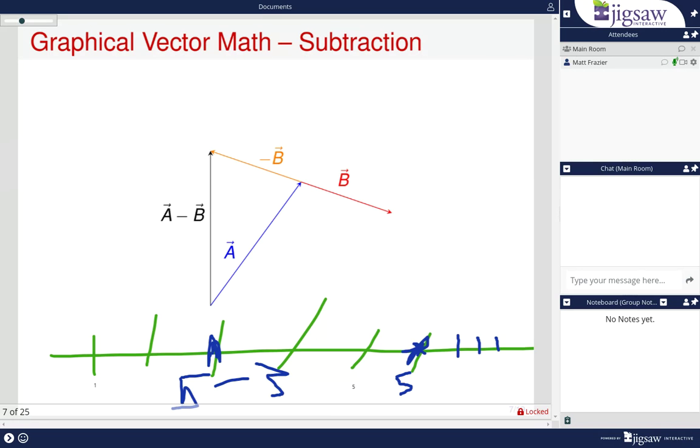So when we subtract vectors, we take the inverse of the thing we're subtracting off, and then we add one vector to the inverse of the other. So that's how we add and subtract.